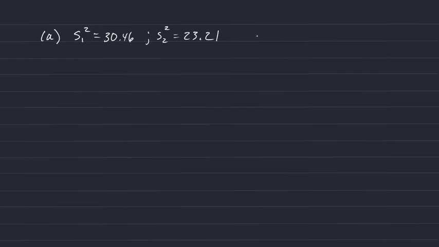And our null hypothesis is that the porosities of the two cores have the same variances, with the alternative that they have different variances.